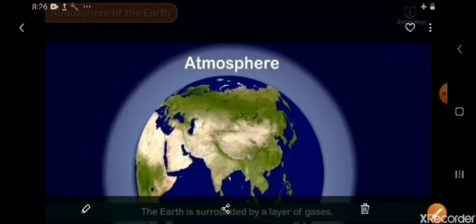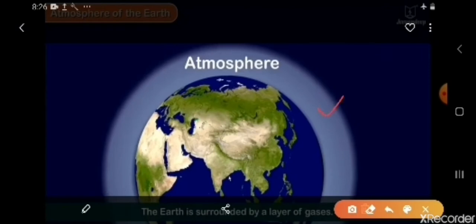It is a layer of air which surrounds the earth, and this is called atmosphere. This layer is made up of different types of gases.